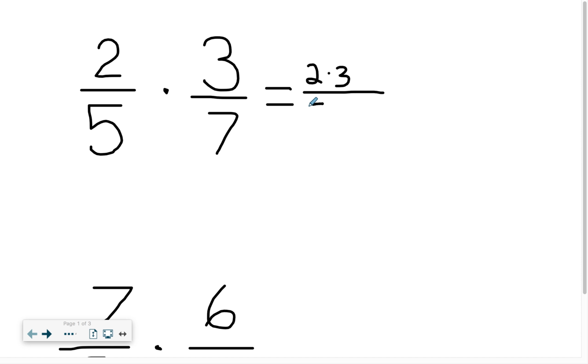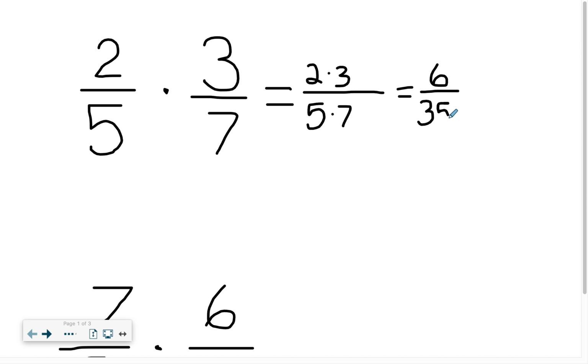And then we can actually solve that, because we are amazing at our facts. 2 times 3 is 6, and 5 times 7 is 35.